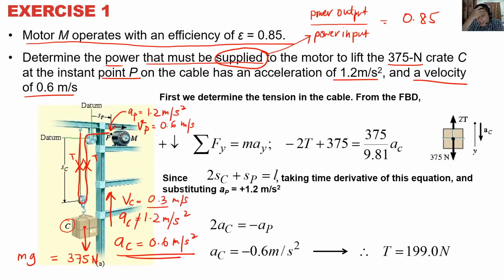It is twice slower. Okay, so what do we need to find? Determine the power that must be supplied. What is the power that must be given to the motor? Motor power. What is the motor's power?